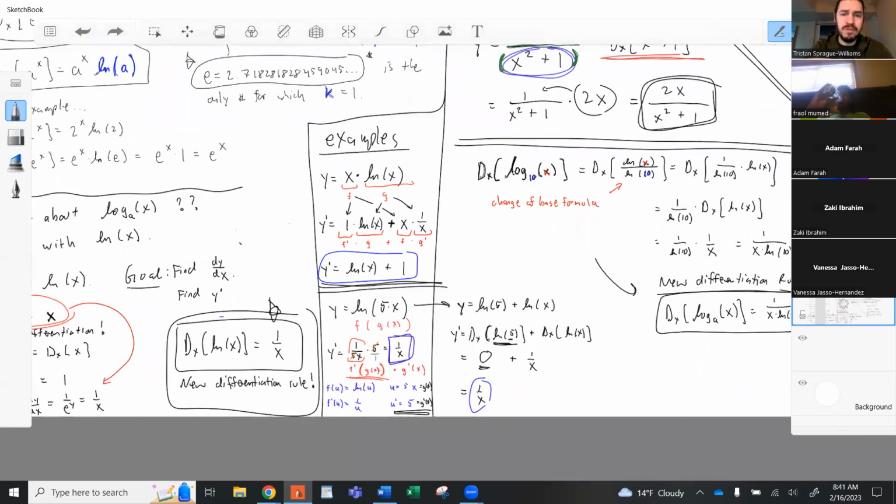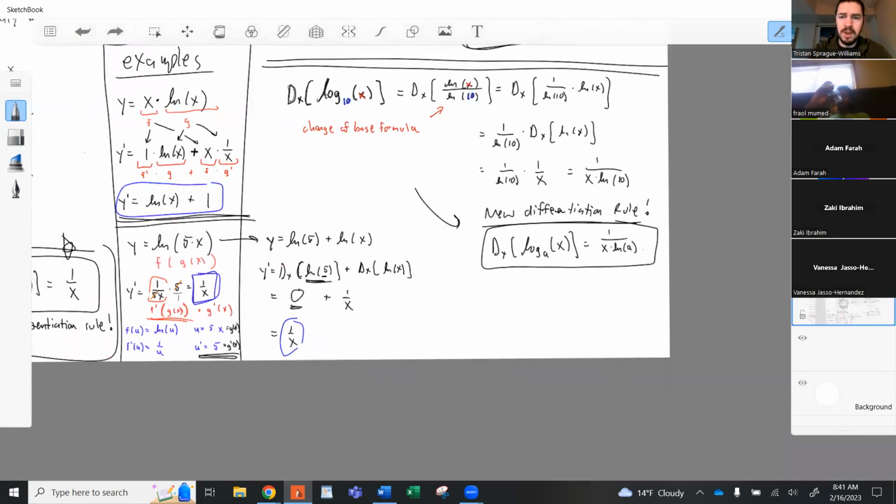This new rule encompasses log base e, because you just have this factor of natural log of a, which, if a equals e, natural log of e just equals 1. So that's what I mean by a generalization. It encompasses the specific case that we already established, but it also addresses every other case.